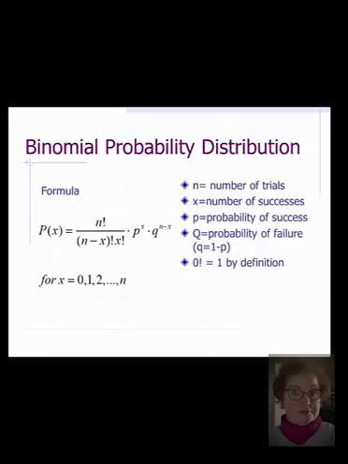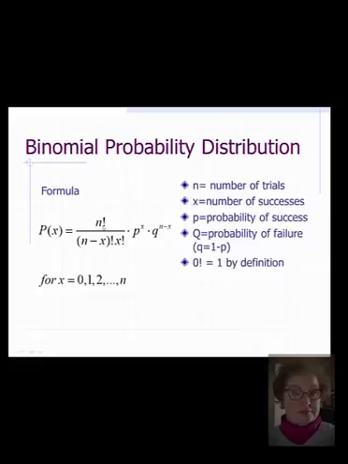So here's the formula. The probability of x is n factorial over x factorial times n minus x factorial, times p to the x, times q to the n minus x. A factorial is that number times all the numbers smaller than it, so 4 factorial is 4 times 3 times 2 times 1. A factorial can get very large as we go forward.